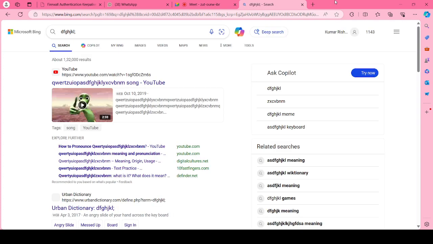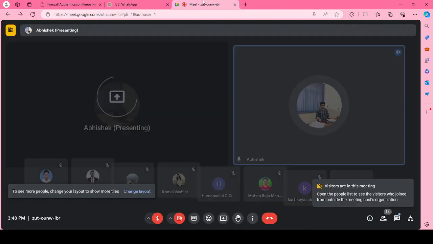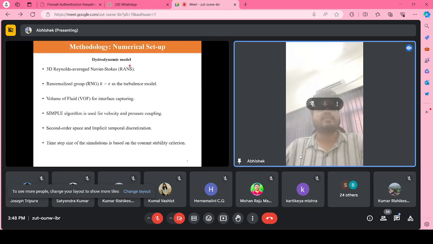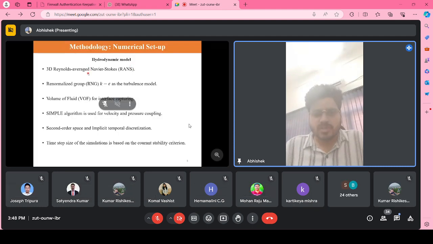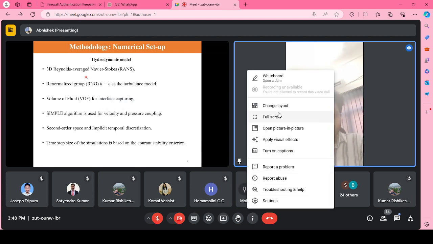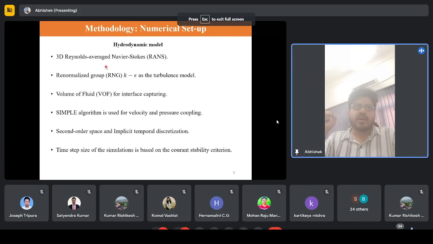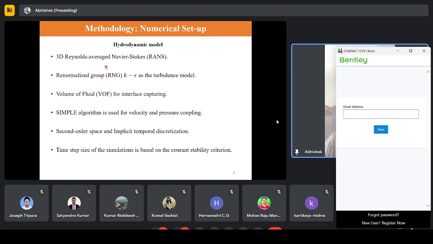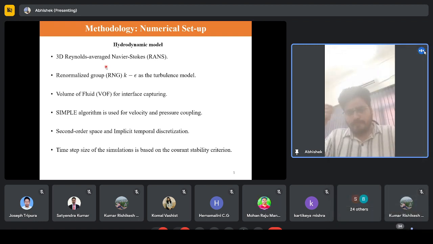So now for hydrodynamic modeling, 3D RANS model has been chosen, and the 3D RANS model needs some turbulence closure because if you have an idea of the RANS equations, you will get to know that there are some unknown terms in the actual RANS equations which need to be closed, and for that purpose we need some extra equations, and therefore we need the turbulence model to provide those extra equations, and there are various turbulence models that you have to choose from. Again, no turbulence model is perfect.